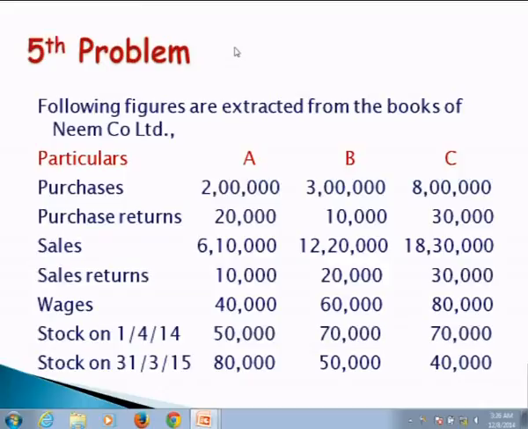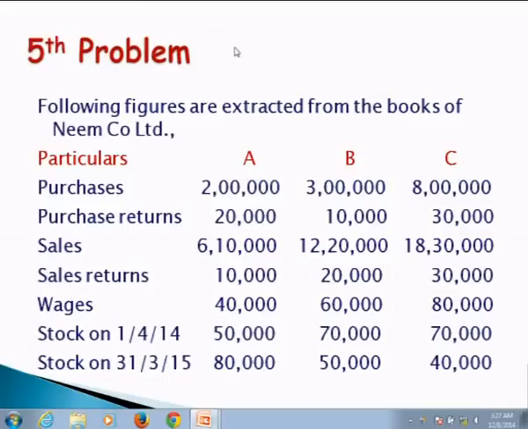For example, for department A, 2 lakhs minus purchases returns 20,000, 1,80,000, I will write directly. In the same way 3 lakhs minus 10,000, 2,90,000, I will write directly. Similarly for C, 8 lakhs minus 30,000, 7,70,000.